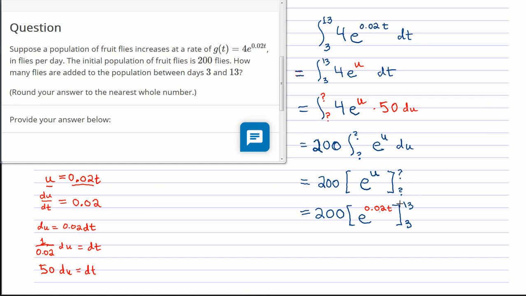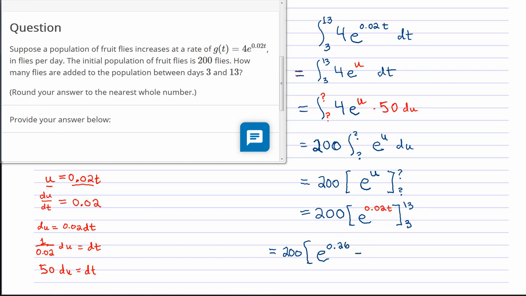Now we just have to plug in the numbers. So now I take the 200. It just stays there. And okay, the first thing I do is plug in the 13. So that's going to give me e to the, let's see, 13 times 0.02 is 0.26.